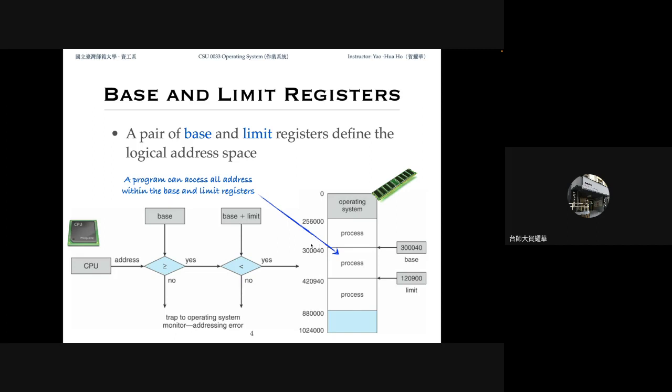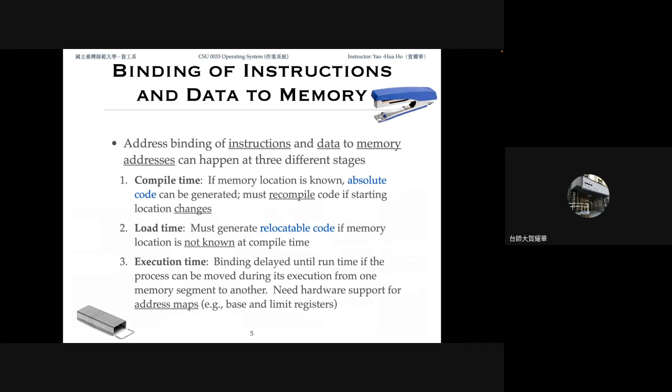So a program has address references that refer to main memory, but you have to check that they are within the base and limit registers. Now, a logical address space means that when you write a program, you do not have an actual address space.